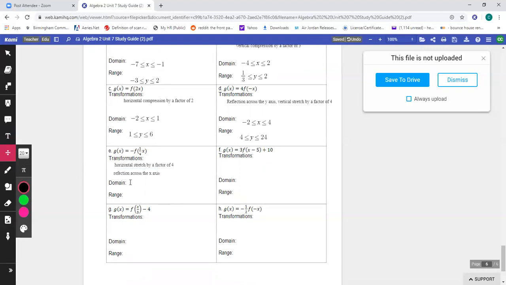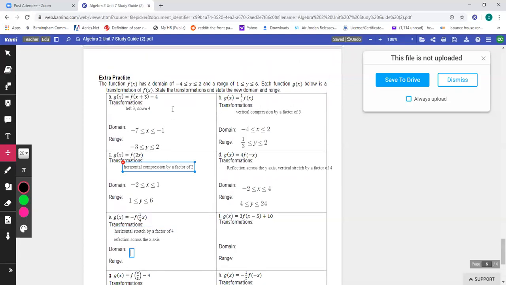So your domain will get affected by the horizontal stretch by a factor of 4. So if your domain goes from -4 to 2, I multiply everything by 4. It's -16 is less than or equal to x less than or equal to 8.